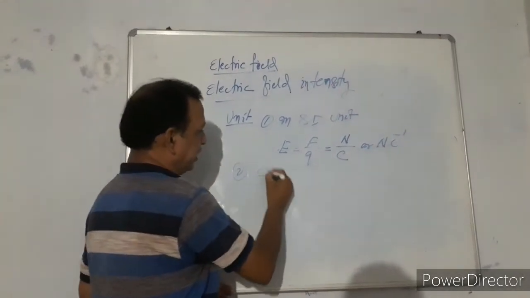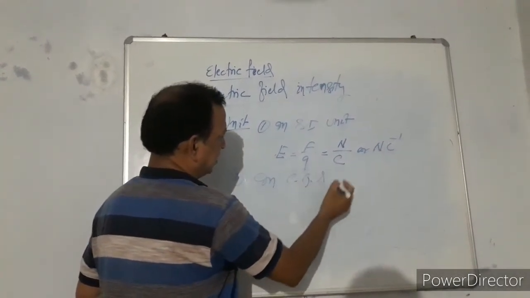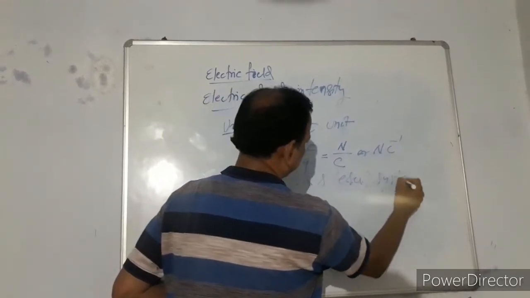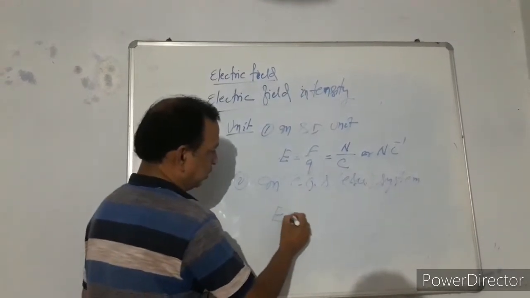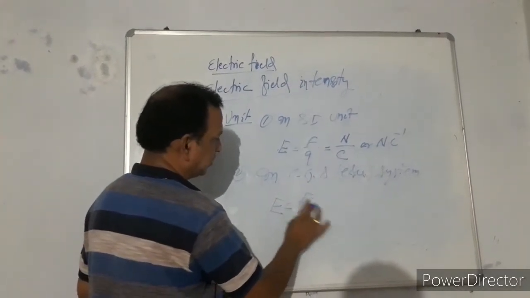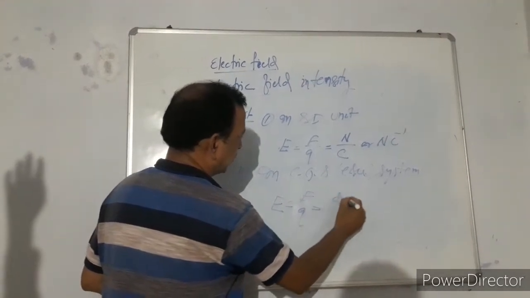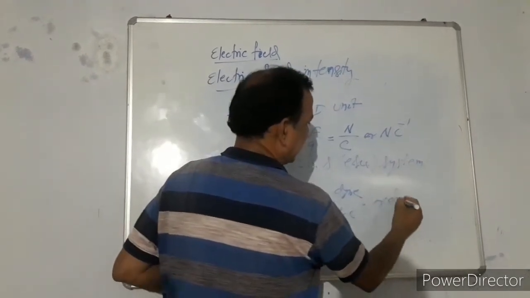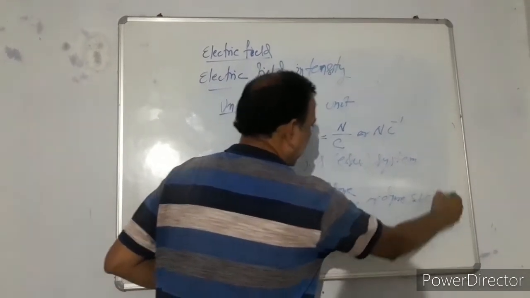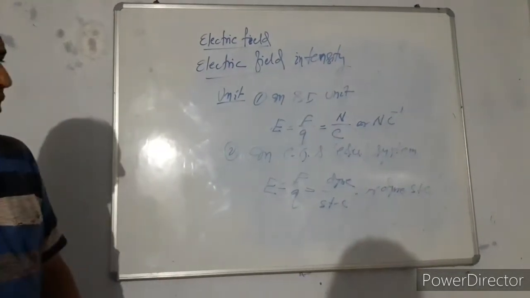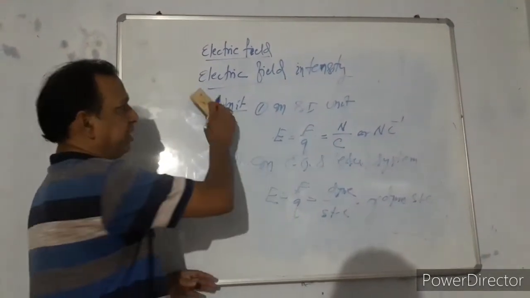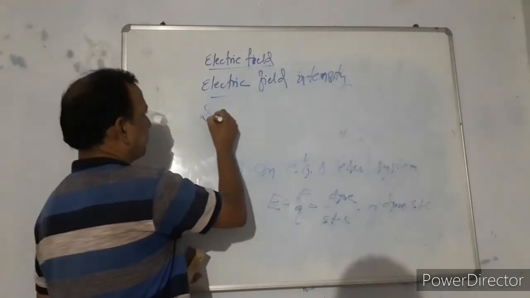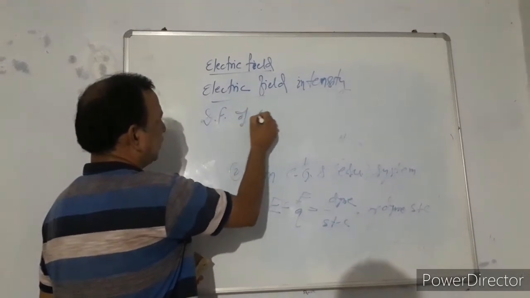Number 2, in CGS ESU system, E is equal to F by Q, that is equal to dyne by stat Coulomb or dyne stat Coulomb inverse. Now, the dimension formula of the intensity.